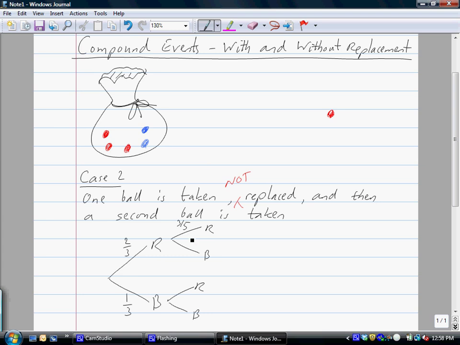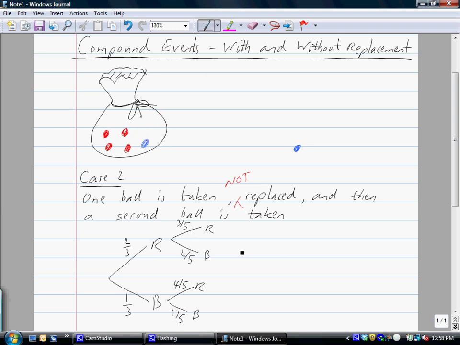And the probability that it's blue is 2 out of 5. Okay? The numbers have changed. The probabilities have changed. Okay, well, what if the first ball is blue? Okay, so let's take one of those out. There's the first ball. Okay, well now the probability of the second one being red is 4 out of 5. And the probability that it's blue is 1 out of 5.